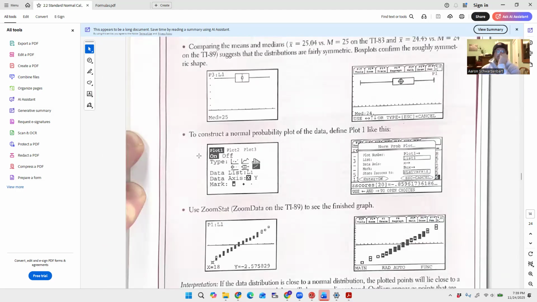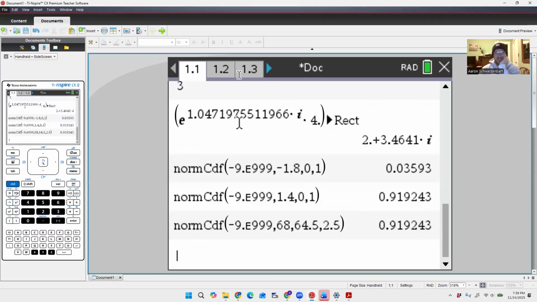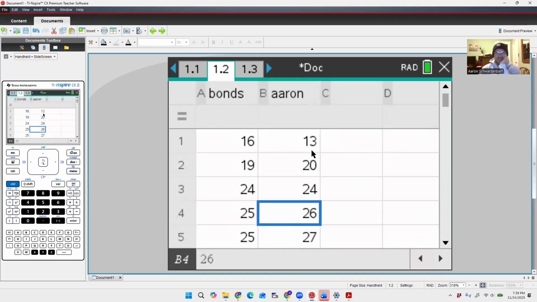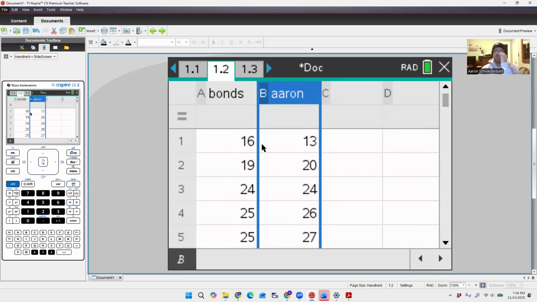We can't do that. I don't have that programmed. Let's see what I have saved in the calculator. Here, let's do Hank Aaron's home run data, because I have that data in here. So I'm going to add a data and statistics page.